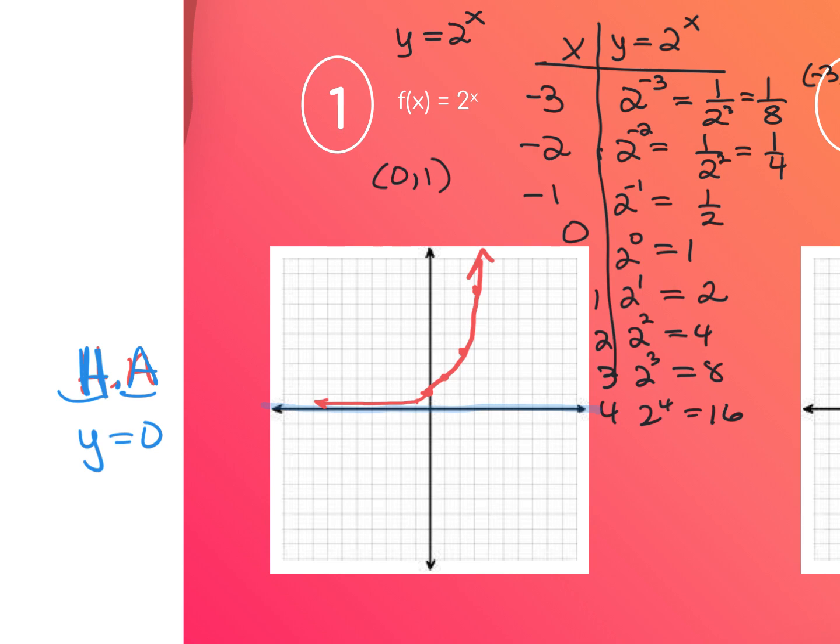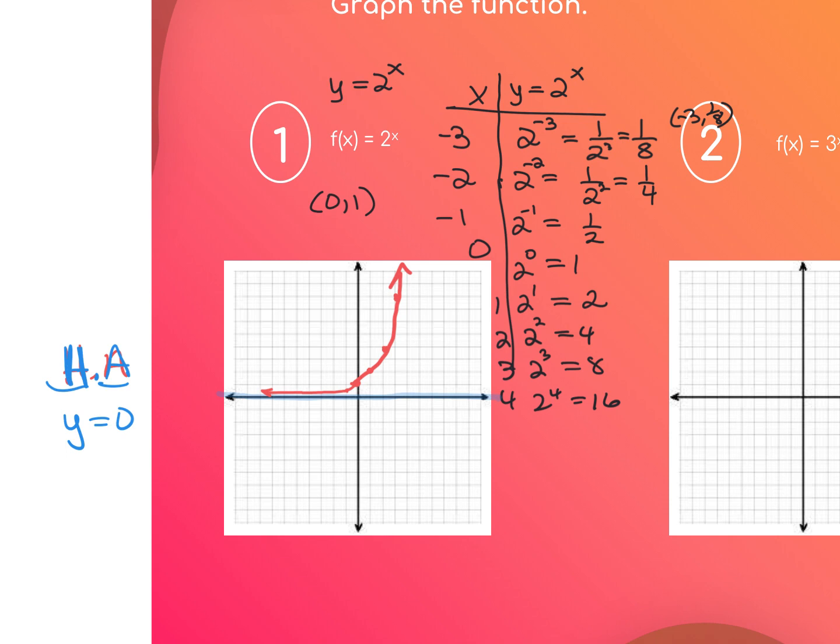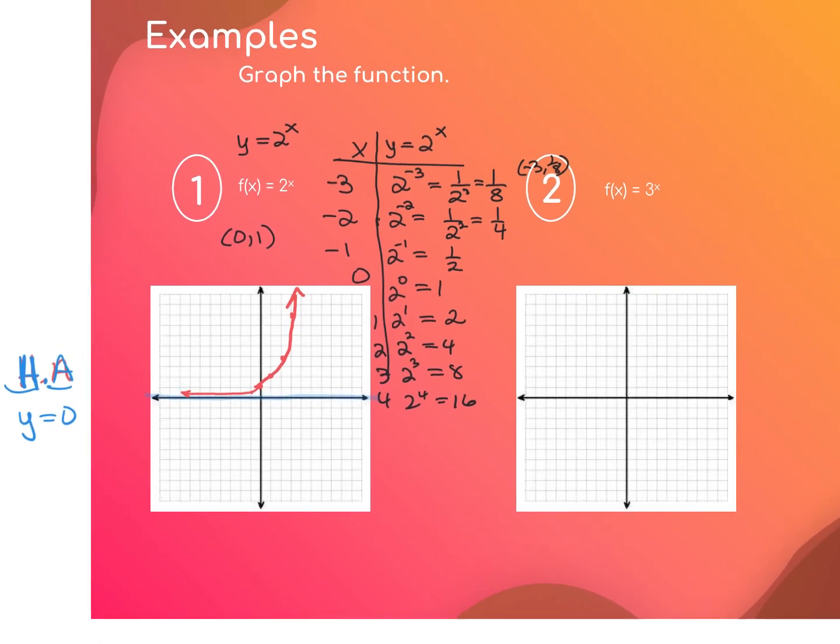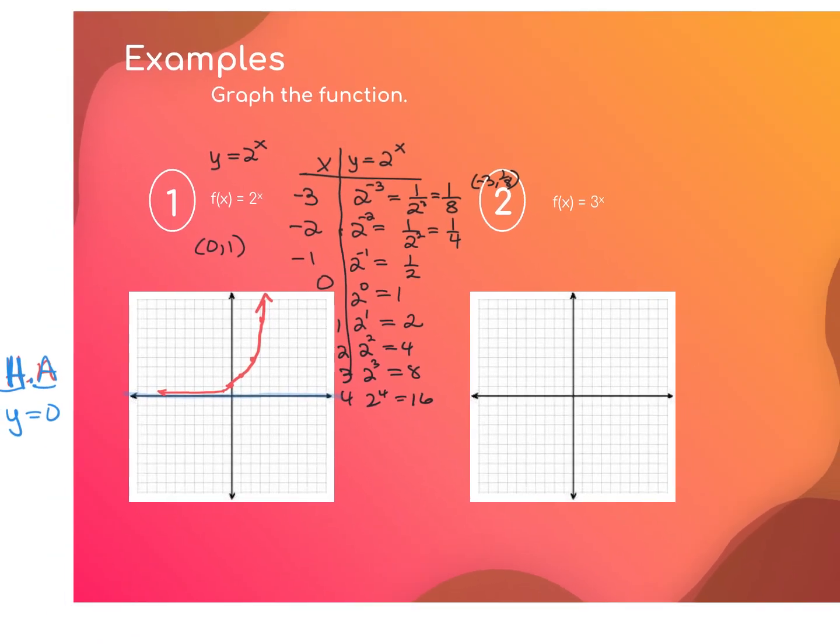Now, when it's 3 to the x power, it's going to go up a little bit faster, but it's still going to take on that same general shape. Now, I know I plugged in a bunch for the first one. I'm not going to do nearly that many. So again, for number 2, do my little chart here. And it's y equals 3 to the x.